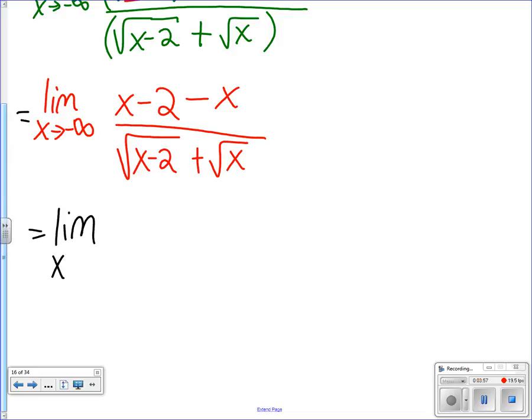On top, we notice that we have x minus x, so those drop out, leaving us with just negative 2 on top, all over the square root of x minus 2 plus the square root of x.